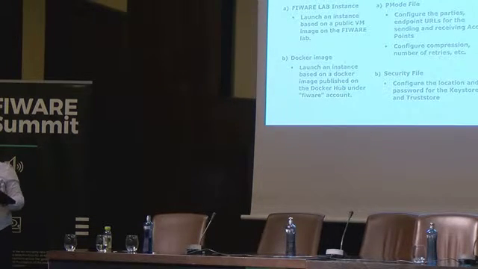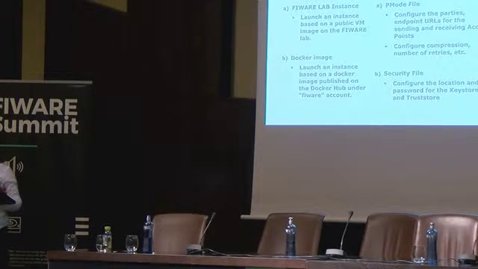The demo will have three parts. The first part is to launch an instance where Domibus is installed. The second part is the configuration of the access point, and the third part is to actually send a message. For launching the instance, we have two options.